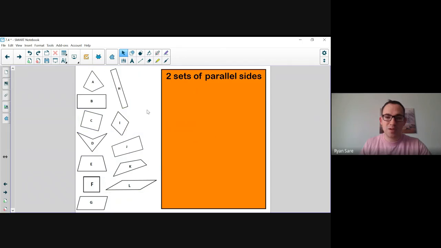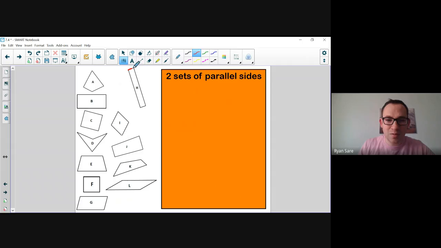So I'm only looking for shapes that have 2 sets of parallel lines. The opposite sides have to be parallel. So this line right here and this line right here look like they are parallel. Same thing for these ones. So here's one set and here's another set. Let me grab a color really fast.